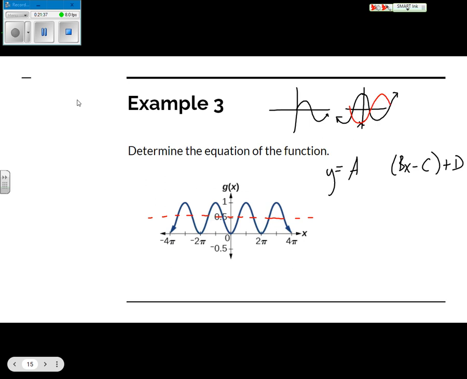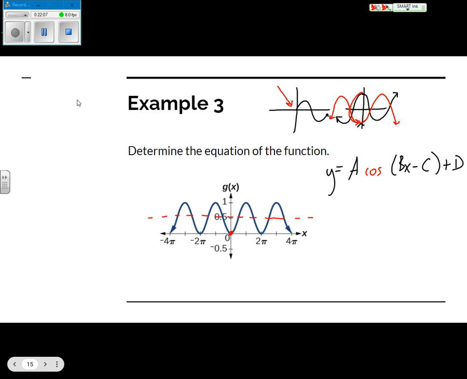That negative in front of the 3 on the last example just reflected my sine graph down. Same thing that's happening here. Since this graph is going to start on the y-axis in a valley, or if it was to start on a hill, I'm choosing cosine. If it starts in the middle, I'm using sine.